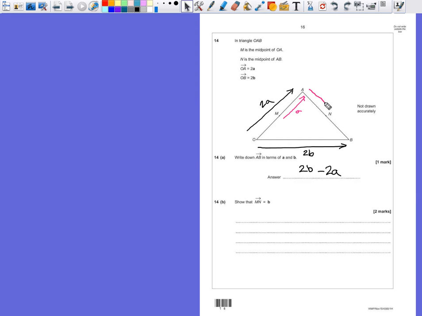So to come back down here, I want half of the vector 2b minus 2a, so half of 2b is b, half of negative 2a is negative a. So to find out what the vector from M to N is, we just have to add those two vectors together, follow those two. So we have a, add b, subtract a, gives us a final vector of just b.